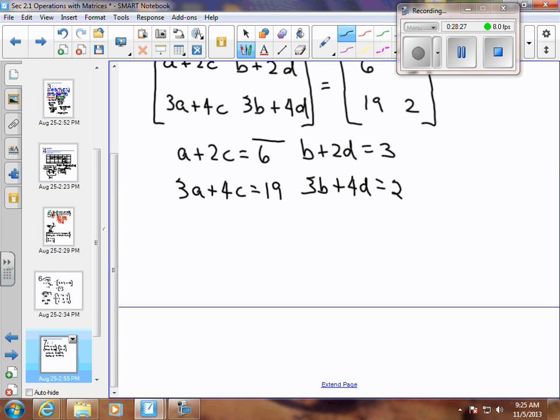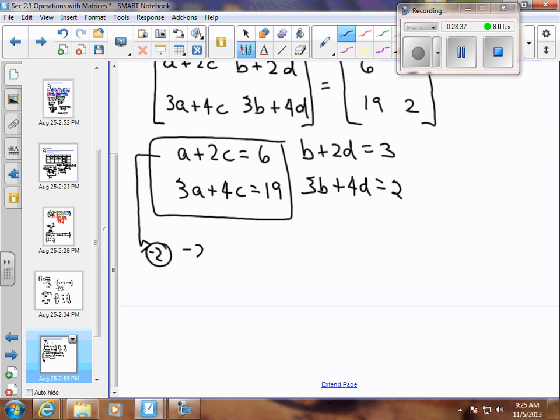I can work with these two equations and eliminate C if I multiply the top row by negative 2. So negative 2A minus 4C equals negative 12, and then copy the bottom row over as is.